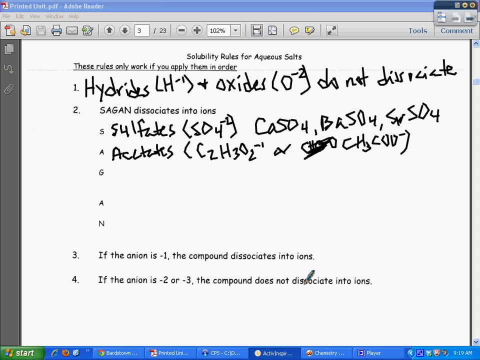There are no exceptions to that rule. The G stands for group. Any compound containing a group 1 cation, lithium, sodium, potassium, rubidium, cesium, francium, does dissociate into ions.